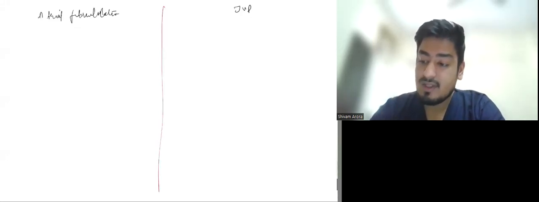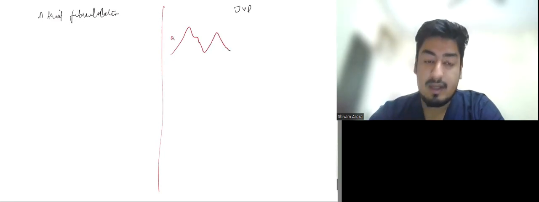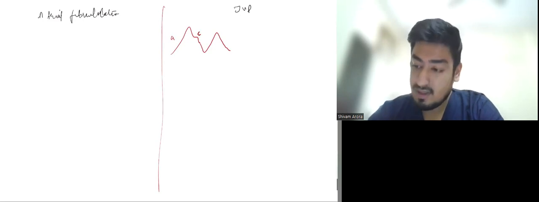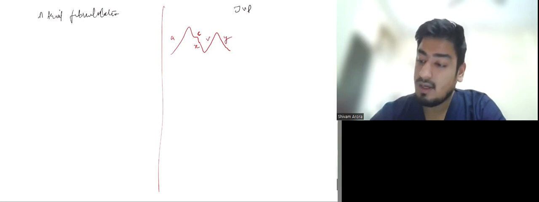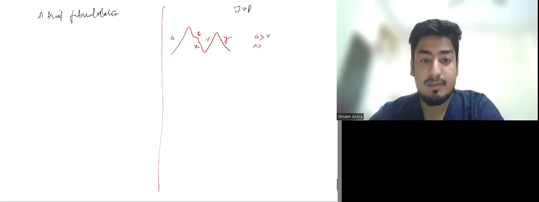The normal waves in JVP are A wave, C, X, V, Y. A wave, then we have C notch, then we have X descent, V wave, and a Y descent. In a normal JVP, A wave is more than V, and X descent is steeper than Y descent. This is a normal JVP.